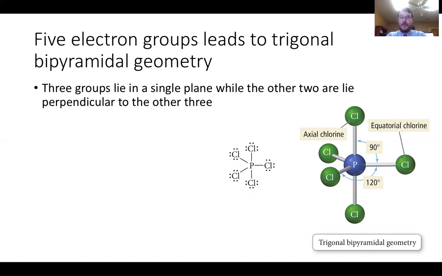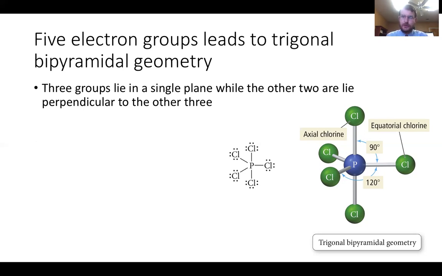That's exactly what the equatorial, the middle chlorines or the middle atoms, will be: trigonal planar. What is the bond angle for something that's trigonal planar? 120 degrees. Exactly. So all the bond angles in that equatorial position are 120 degrees. Now, we added a little extra, because we added those 2 chlorines in what's known as the axial positions.